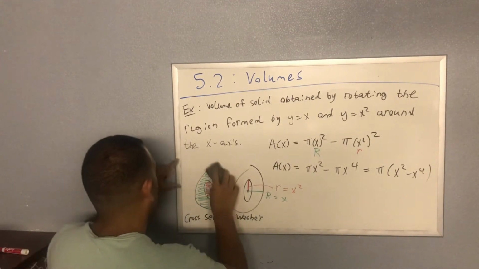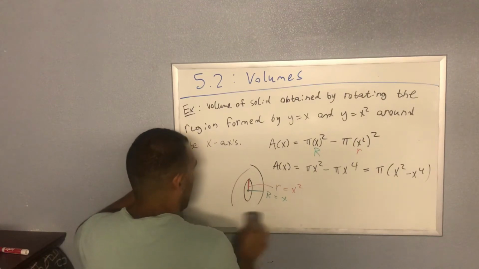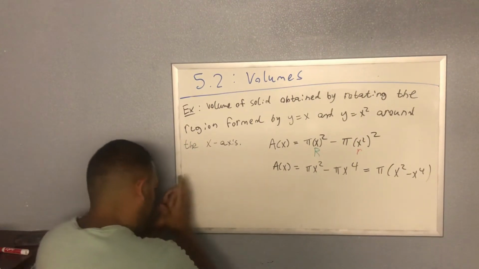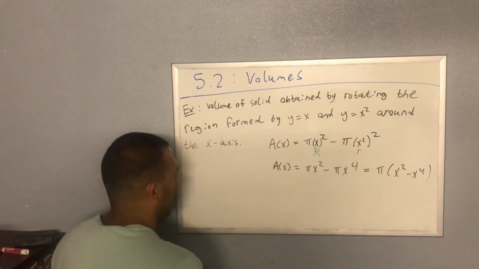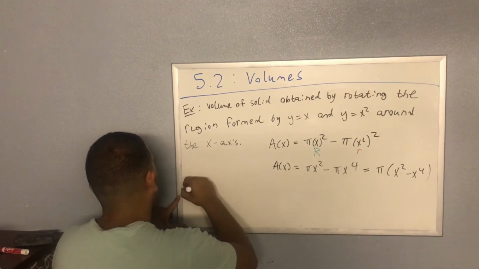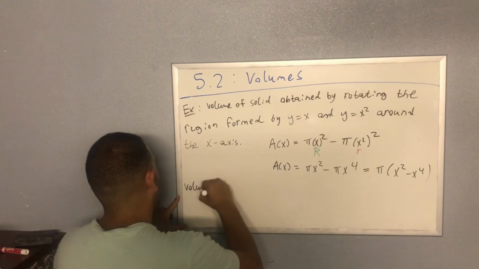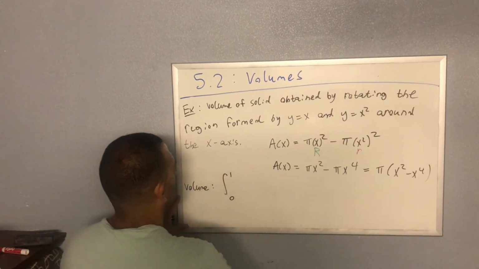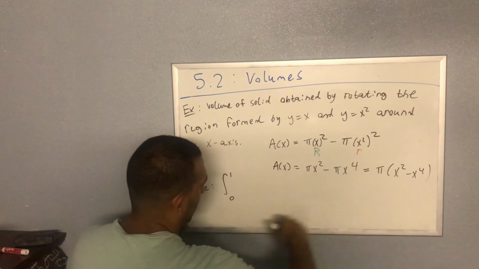Okay, so then, because we were going along the x-axis, going left to right, the volume is the integral from 0 to 1 of the area dx.